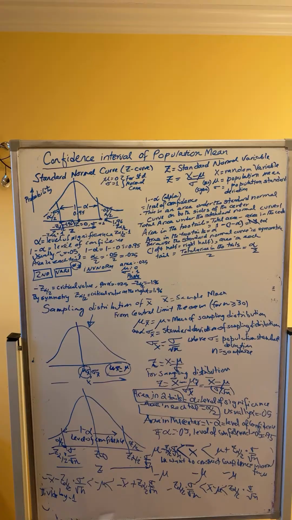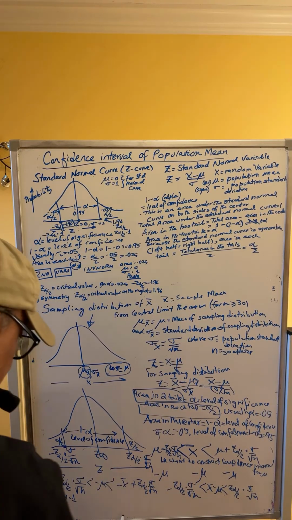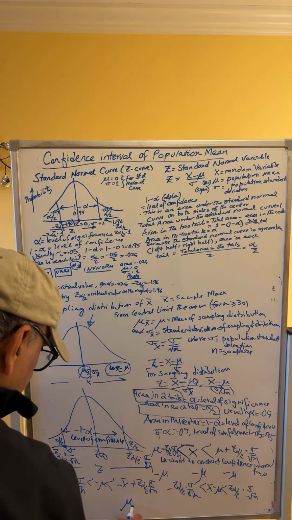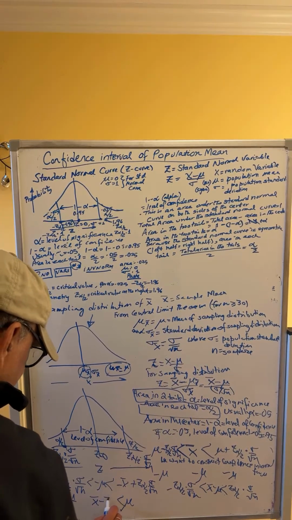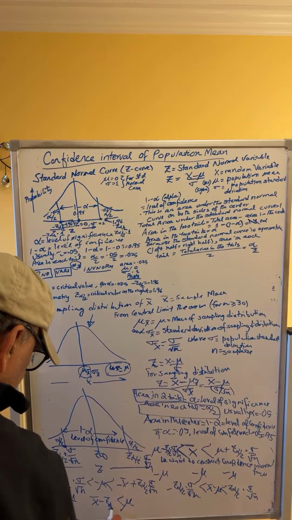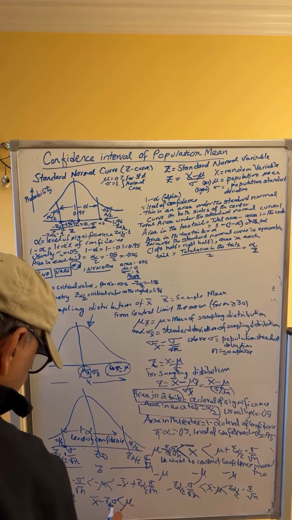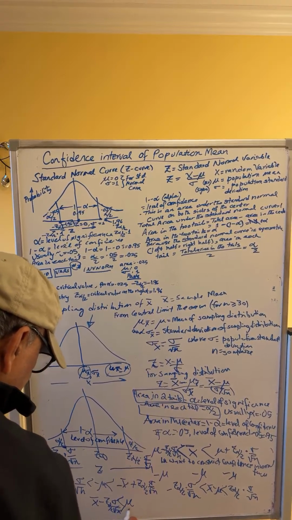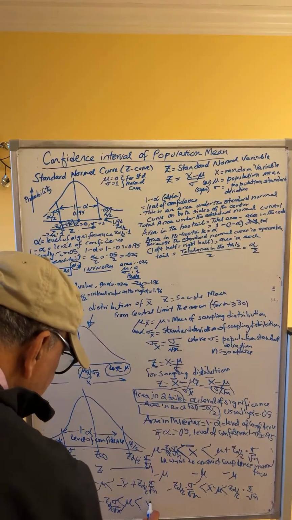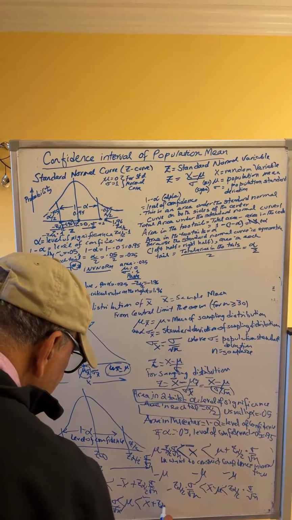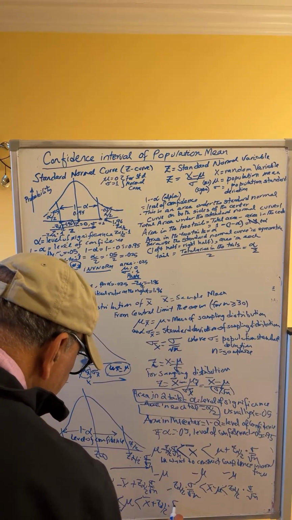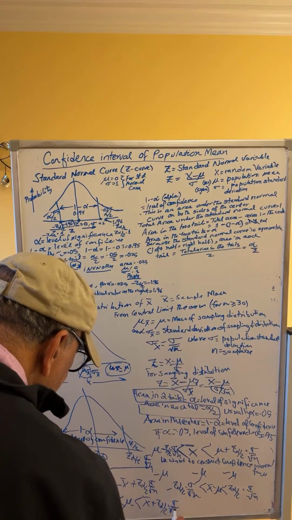When you do that, you finally get the equation for the confidence interval for the mean. The lower boundary of mu is x bar minus z alpha by 2 times sigma by square root of n, and the upper boundary is x bar plus z alpha by 2 times sigma over square root of n.